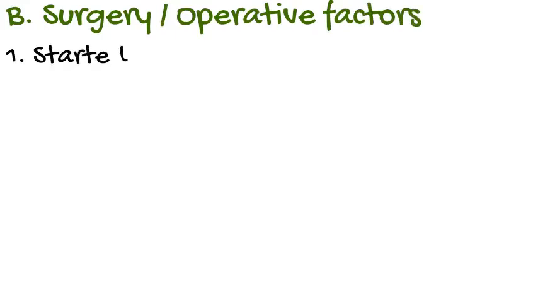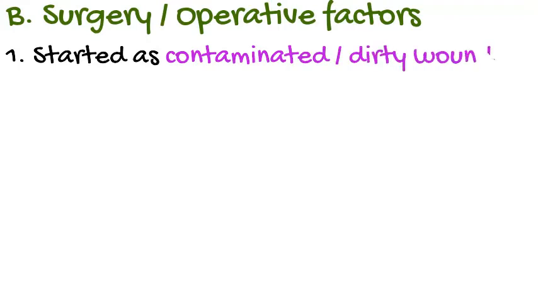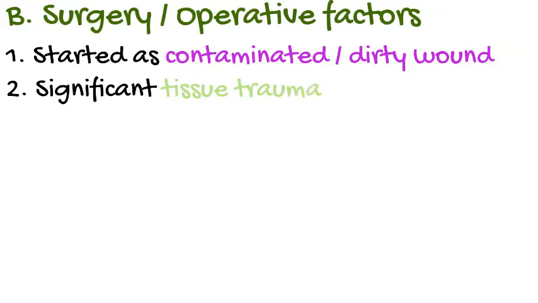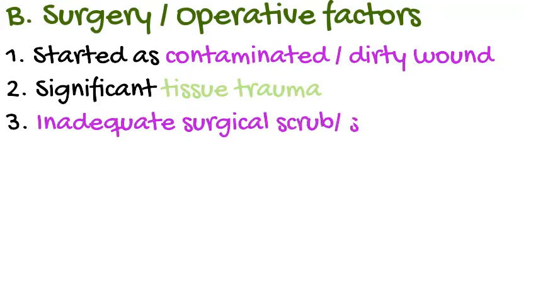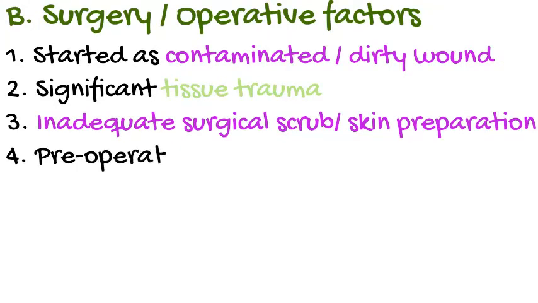For B, surgical or operative factors. 1. It started off as a contaminated or dirty wound in the first place, so the rate of infection is already higher. 2. Significant tissue trauma, for example in a closed crush injury. 3.